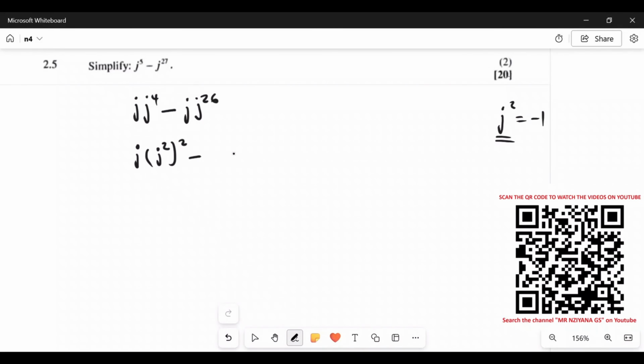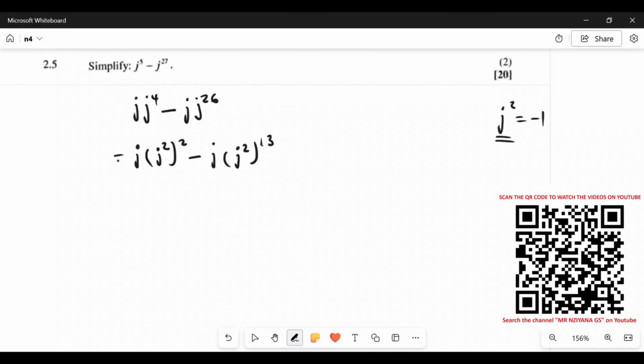Now minus, again we have this J there, and then this one here we also say J squared inside there, and outside we write 13. Just in case you don't know how to do this, guys, it's very, very simple. You write J squared, you put it inside the bracket, then this 2, you divide it there. It's going to give you this 13 here.